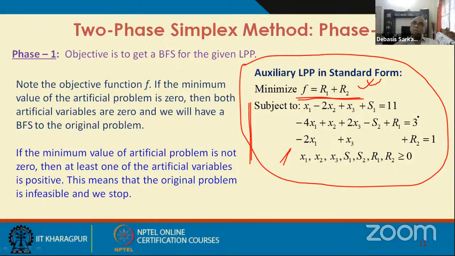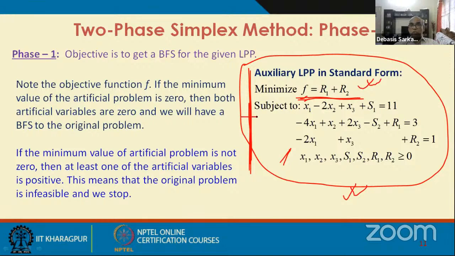See, the theoretical minimum possible is f equal to 0. So when the optimal solution is obtained for this particular problem, you look at the solution. If f is 0, that means both R1 and R2 are 0. So that solution is basically a basic feasible solution for the original problem.